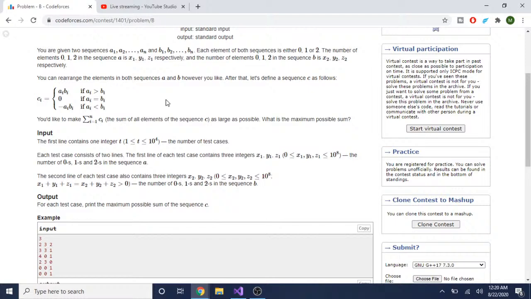Once we're done with that, let's say our 2s are completely gone, we should fill up with the same number. If we don't have any more 2s for A, fill up with 1s, right?